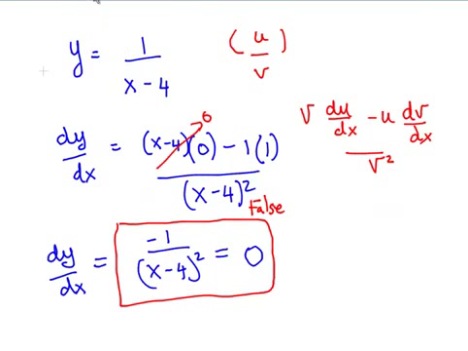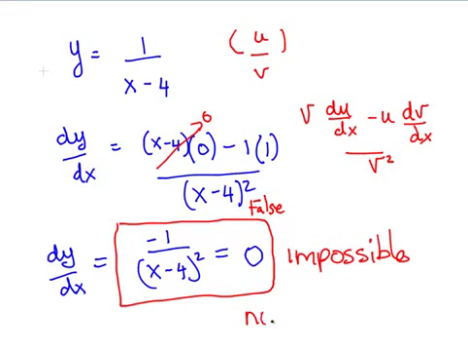So minus 1 divided by x minus 4 squared could never equal 0. So this actually is impossible. It just can't happen. It's enough to simply state that it is impossible.